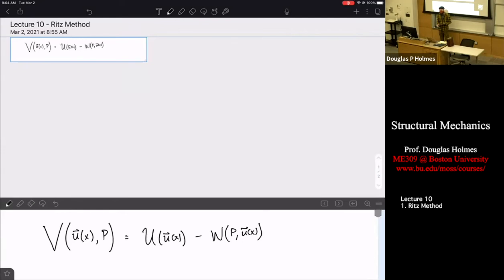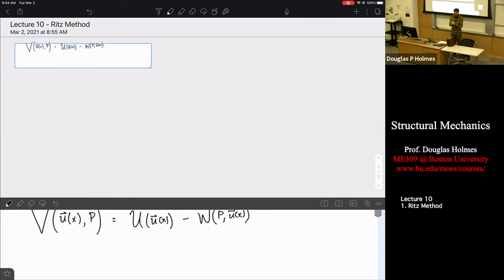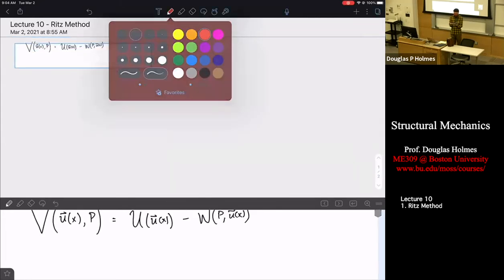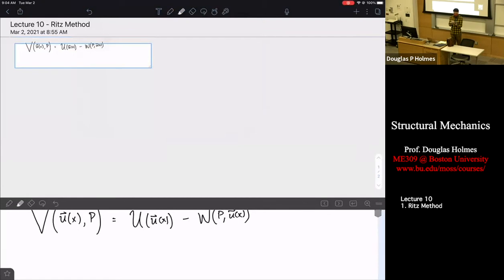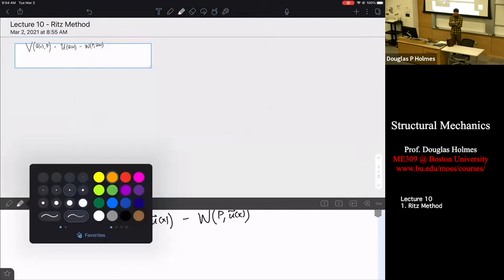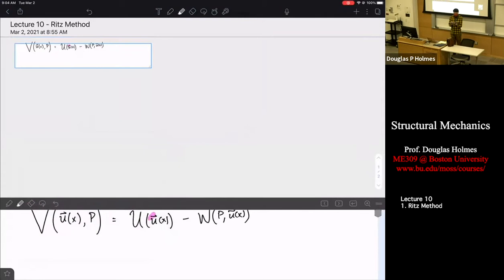At this point, there are 2 approaches. For the stuff you're working on for your homework, we can write down U and W, but we don't know our displacement vector. So we have 2 options, and they both revolve around this one.